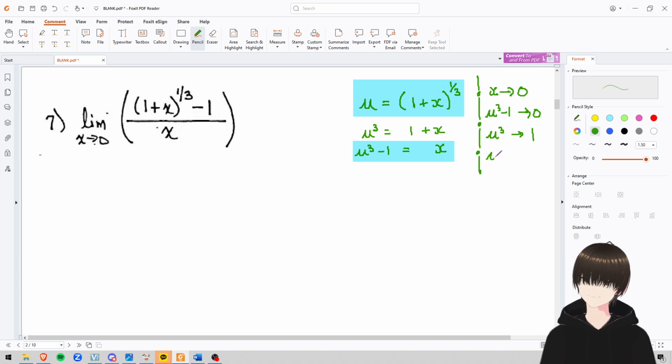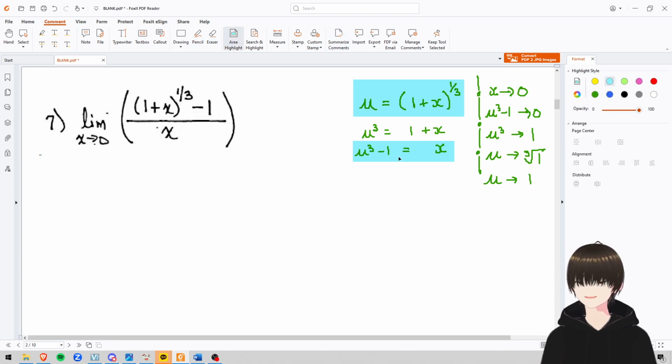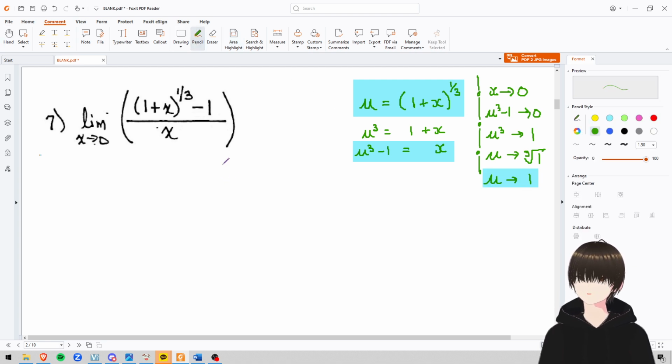That also means u is approaching the cube root of 1, which means u is approaching 1. Instead of writing the limit as x approaches 0, I'm going to say x approaching 0 is equivalent to u approaching 1. Okay, so let's do it.